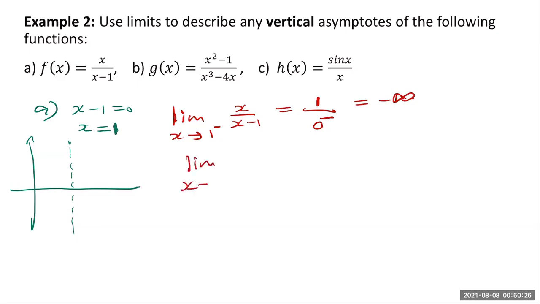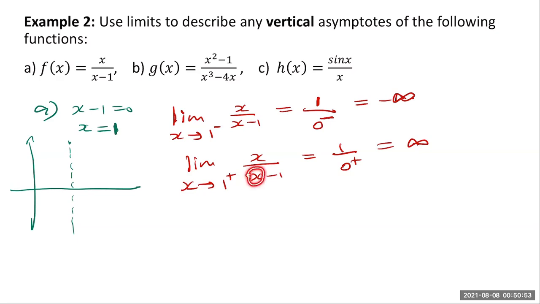A similar argument will show that as x approaches 1 from the positive side, or right-hand side, x over x minus 1 will take the form 1 over 0 plus, which is plus infinity. Why does it take this form? As x approaches 1 from the right-hand side, x takes values which are bigger than 1.